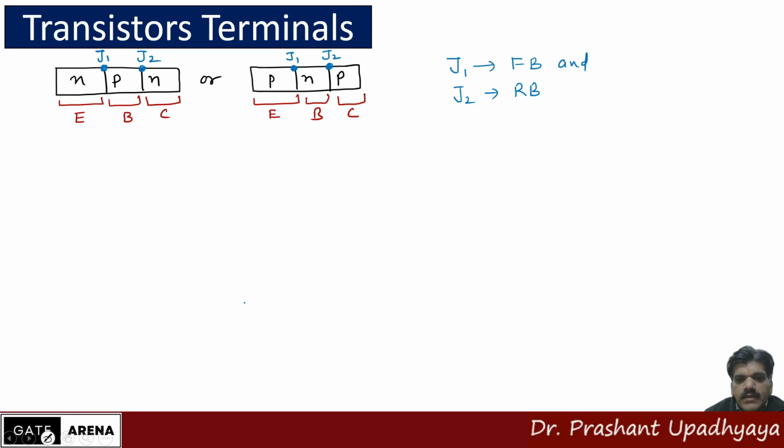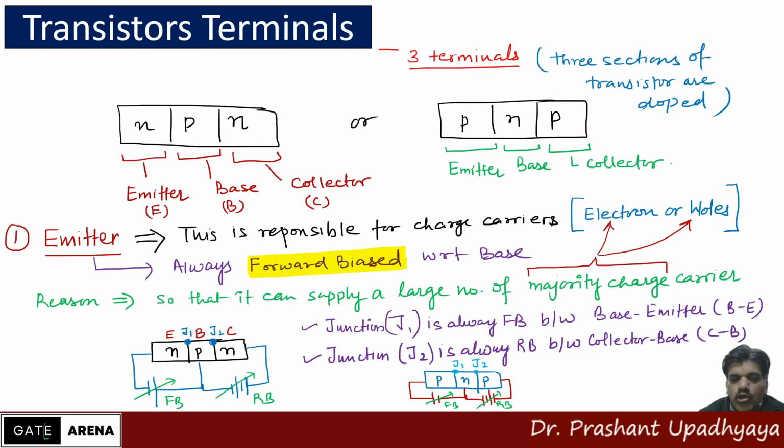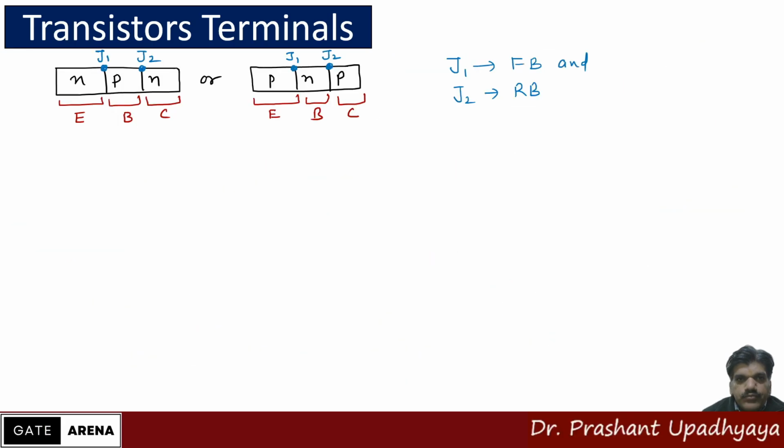We have already seen in a previous slide that the emitter is responsible for the charge carriers. The charge carriers can be electrons or holes, so it will always be forward biased, and when it is forward biased, it will supply free electrons to its junction with the base.